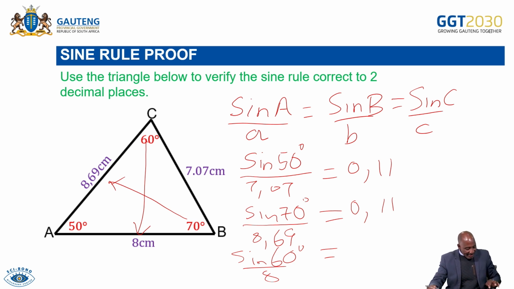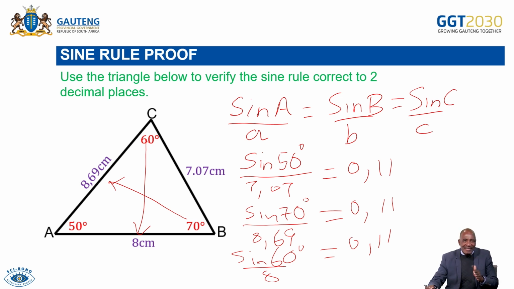Divided by 8, it's giving me root 3 over 12. I press SD to convert to a decimal. Again, I'm getting 0.11.